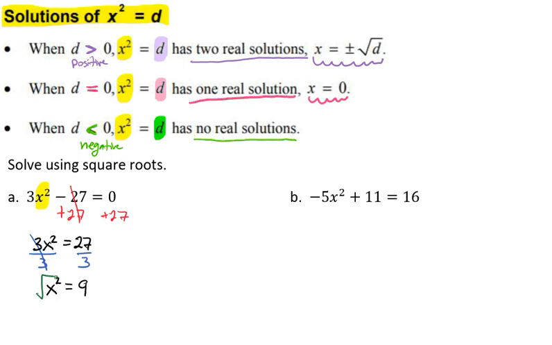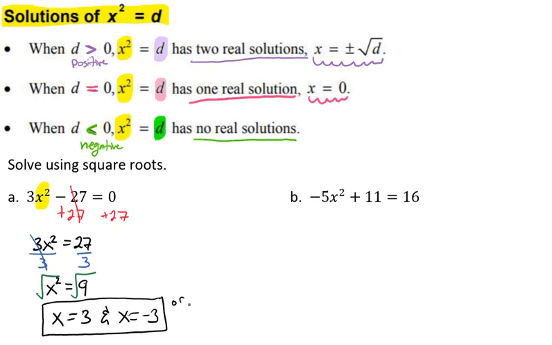And from there, we'll square root both sides, and that's going to give us x equals 3 and x equals negative 3. So you can write it this way, or you can write x equals plus or minus 3. Either way is going to be the correct answer.